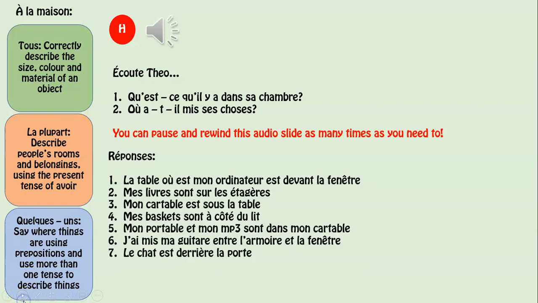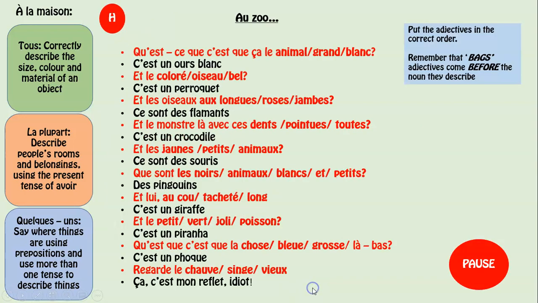Très bien. Ok. Et les réponses? Okay. So, in this exercise, you've got some nouns and some adjectives, both Baggs adjectives and adjectives of colour, or adjectives that normally come after the noun.